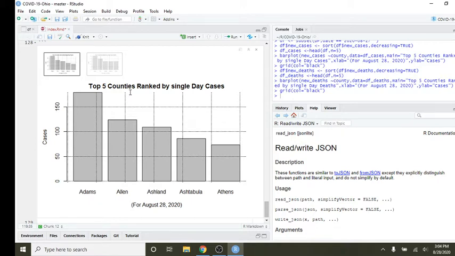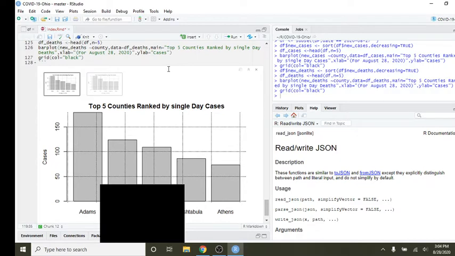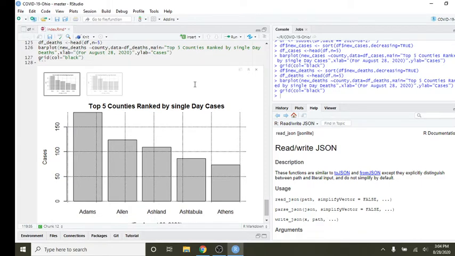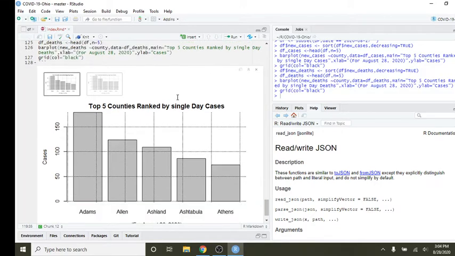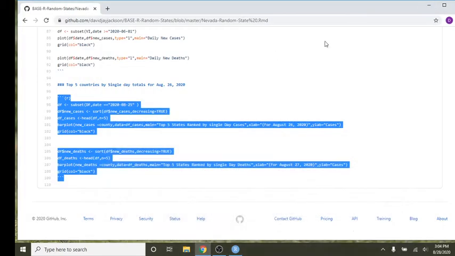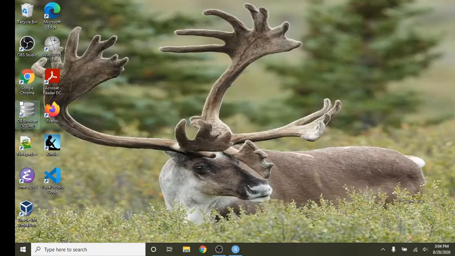There's something that can't be right about this. The other thing that bothers me is they all begin with an A. Okay, let's come over and take a look at the SQLite database and see if we can find out.